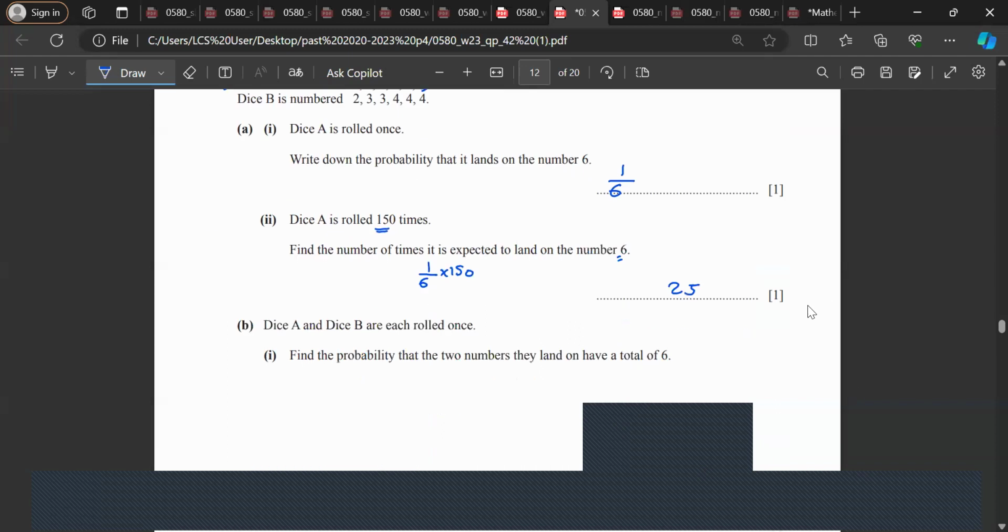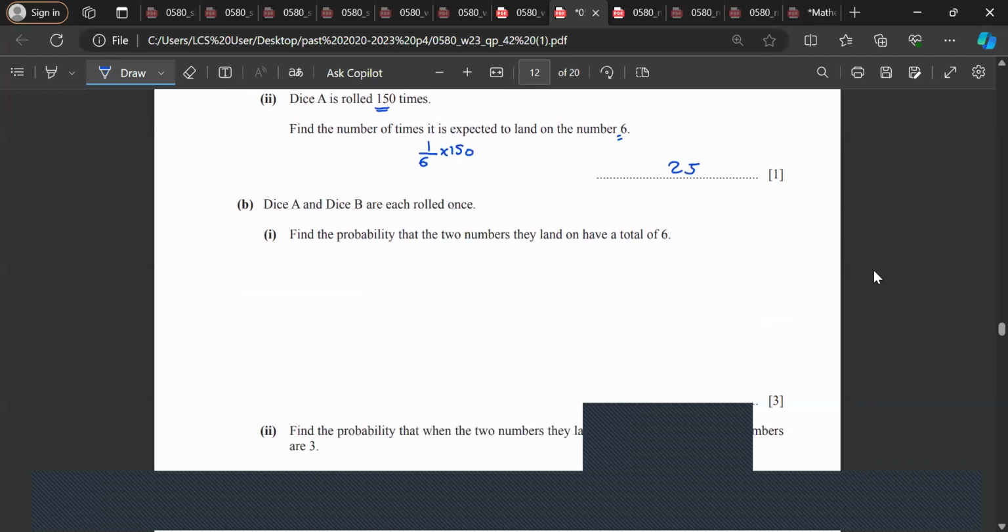Okay, then look here. Dice A and dice B are each rolled once. Find the probability that the two numbers they land on have a total of 6. Can you tell me what I should do in this question? Who solved this before?